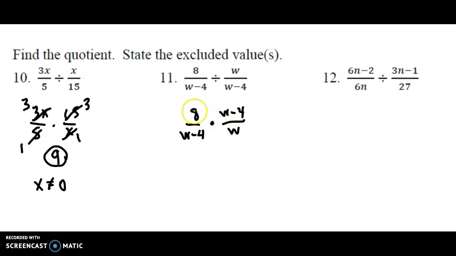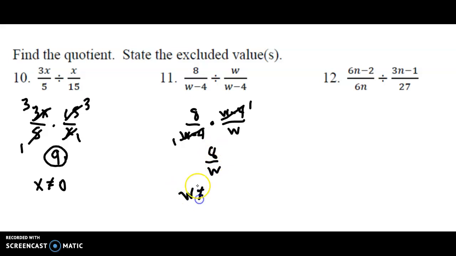They have no common factor, so I can't simplify. Binomial and binomial, and they are exactly the same, so they are going to simplify to 1. And then we multiply. 8 times 1 is 8. 1 times w is w. The correct answer is 8 over w.